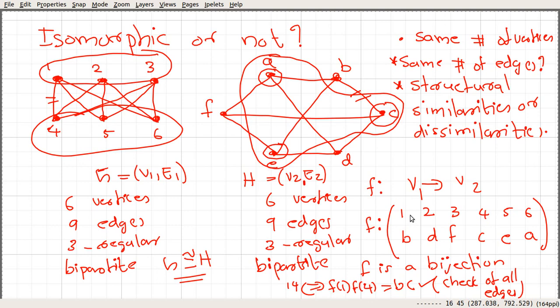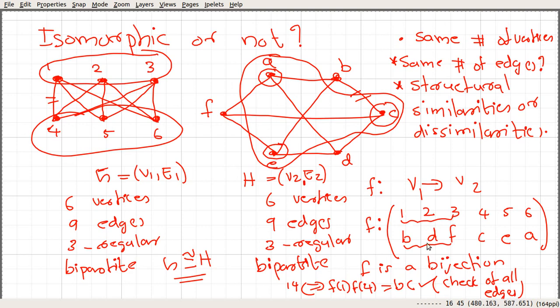So the mapping should be in such a way that if you consider a particular part, then it must get mapped to a particular partition in the other graph.